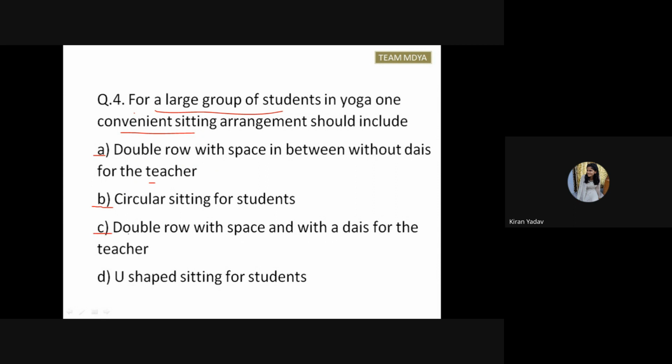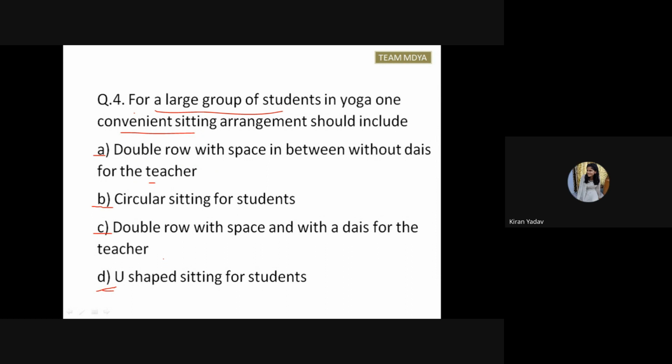C is double row with space and with a dais for the teacher. D, Ma'am, U shape. Dais means platform, like a stage, where students can see the teacher and the teacher can see students. D, U shaped sitting for students. Ma'am, C. Ma'am, C.